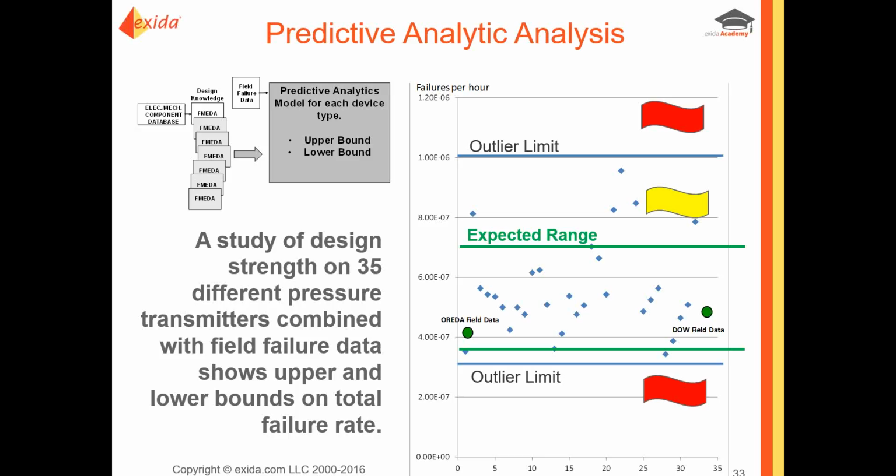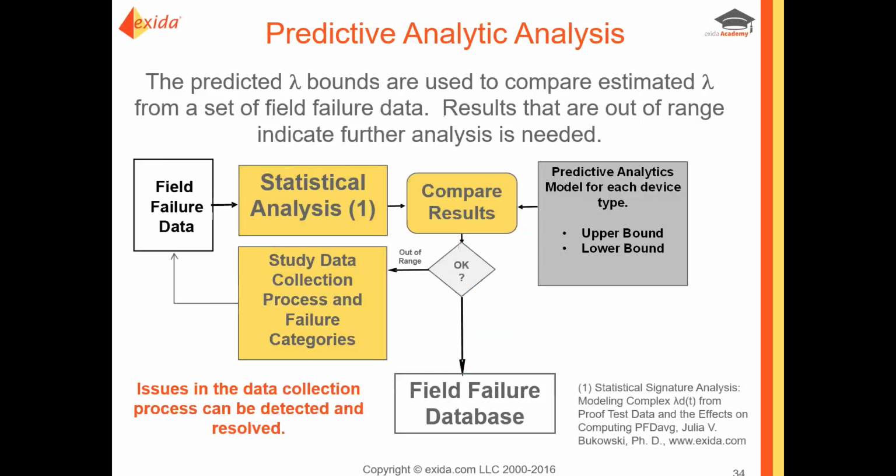And so we've established outlier limits, and we publish those on the SIL-Safe Data website. If you get a set of data outside of the outlier limits, we really have to look at that very carefully and make absolutely certain that the data collection process and the failure definition process are reasonable.